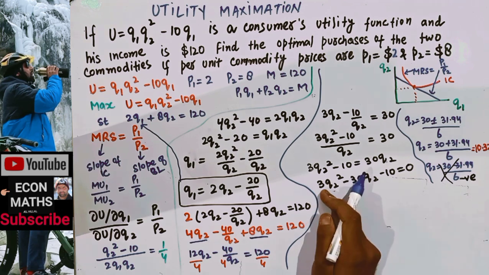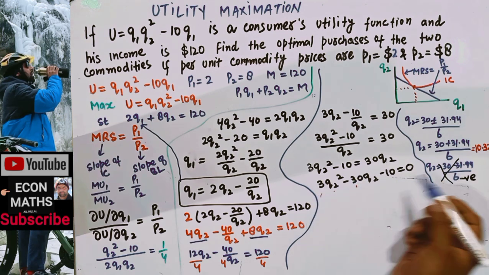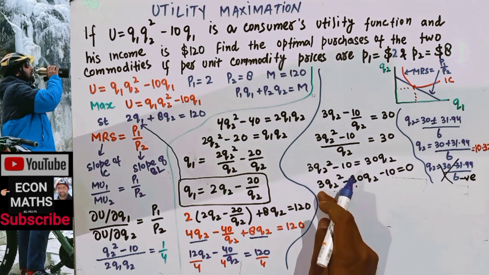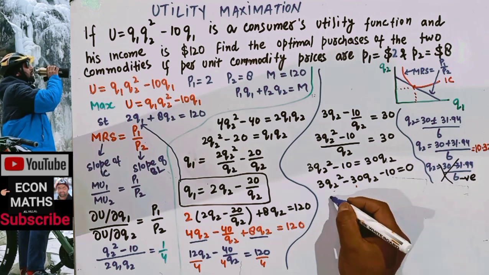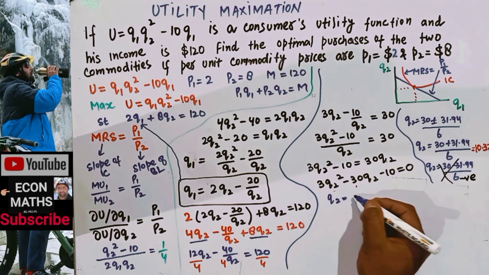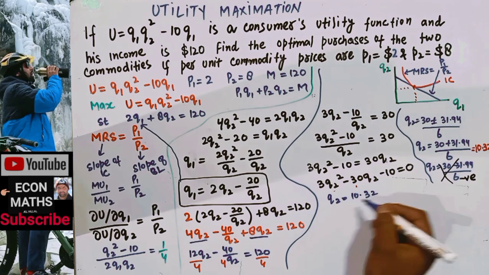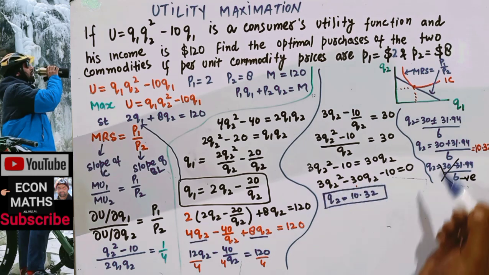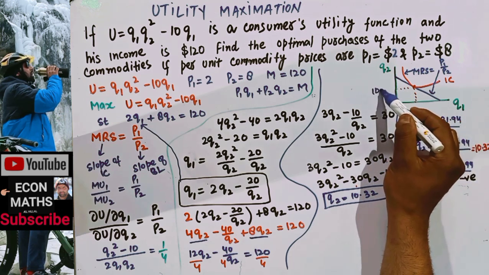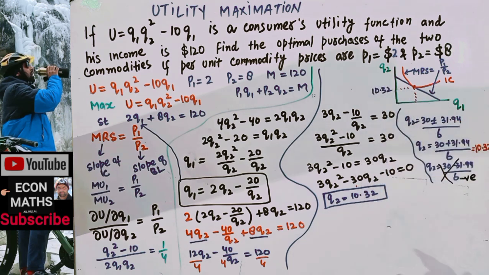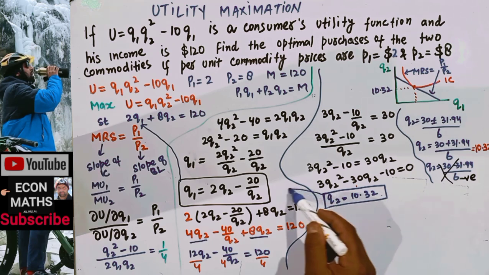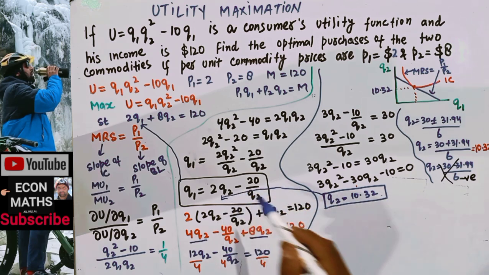So we got two values for q2, one is negative, one is positive. We rule out the negative one because we can't consume a negative quantity of a good. So q2 is equal to 10.32. This is the optimal consumption of good q2. To find the value of q1, simply plug q2 is equal to this stuff into this function.